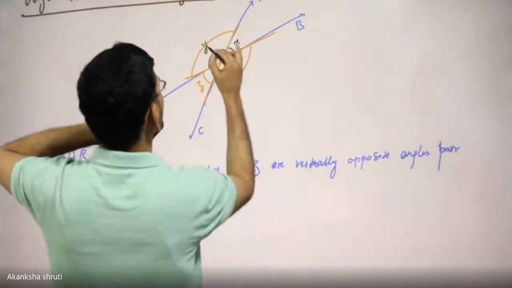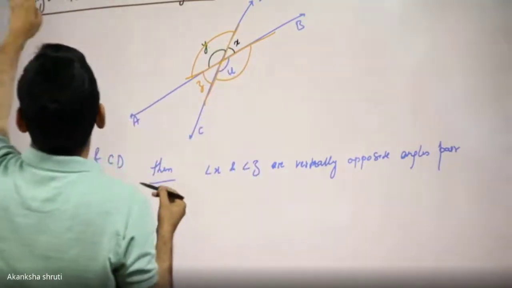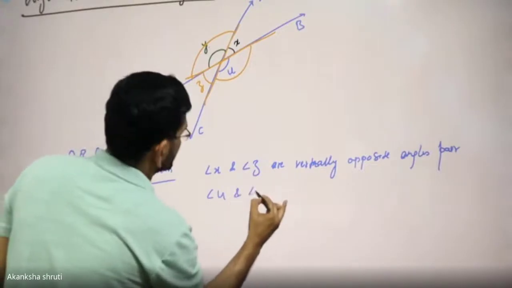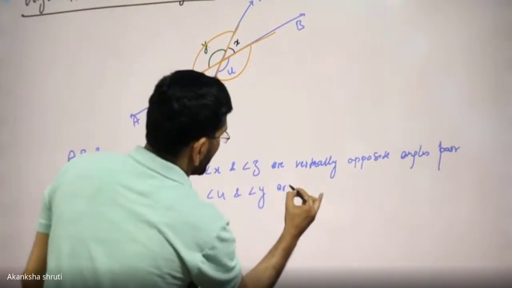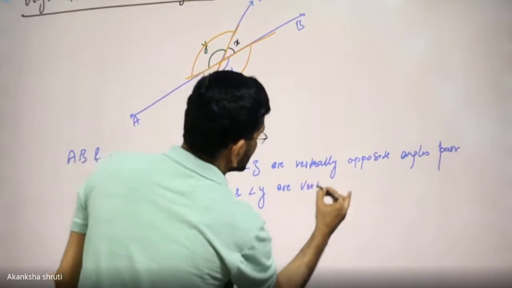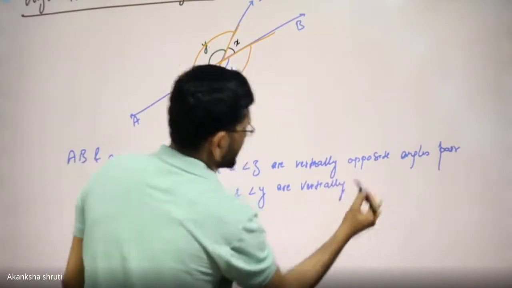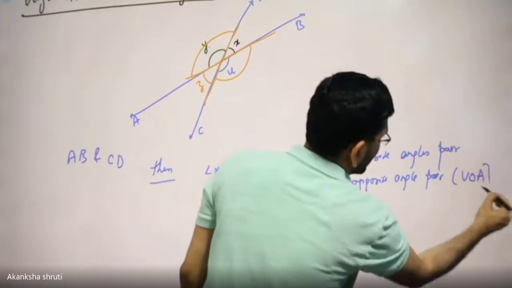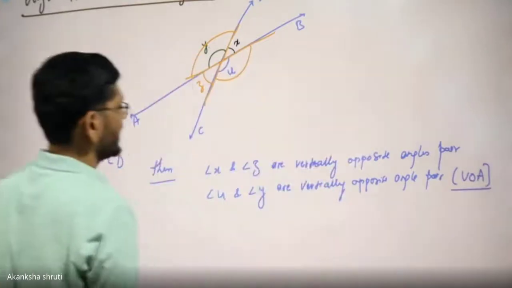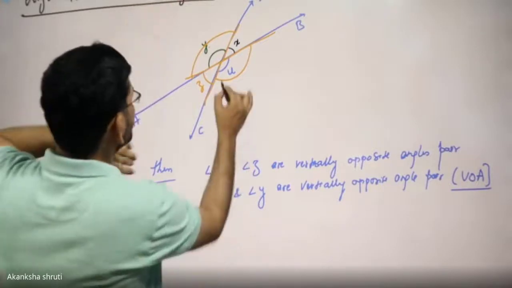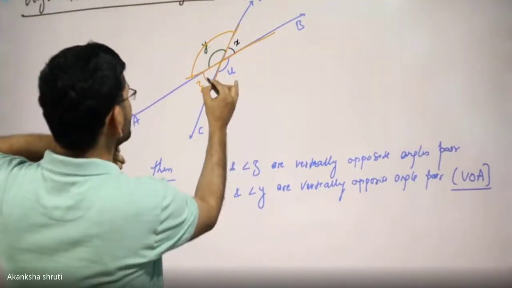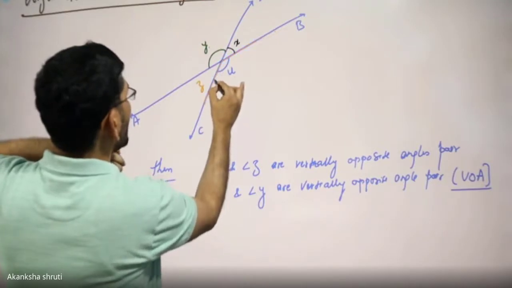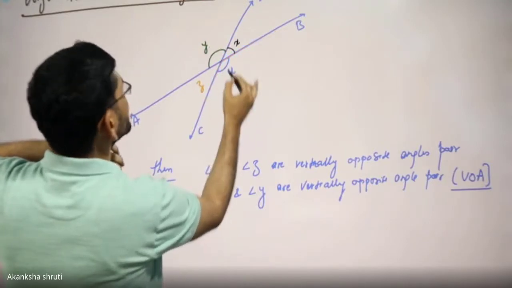So this U and Y can be the opposite or vertically opposite pair. In short, it is written as VOA, vertically opposite angle. And it is found, or even we can prove, that these vertically opposite angles are equal.